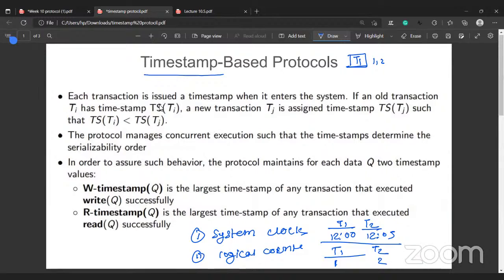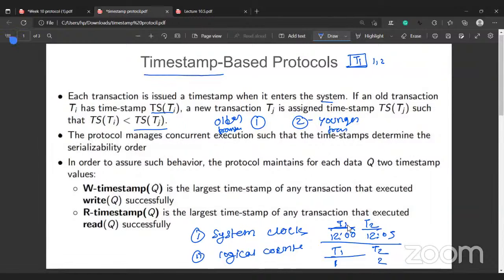So each transaction is issued a timestamp when it enters the system. If an old transaction Ti has a timestamp, and a new transaction Tj is assigned a timestamp, the timestamp of Tj should be greater than the timestamp of Ti. Another important point: a smaller timestamp means the older transaction, and a greater timestamp means the younger transaction.